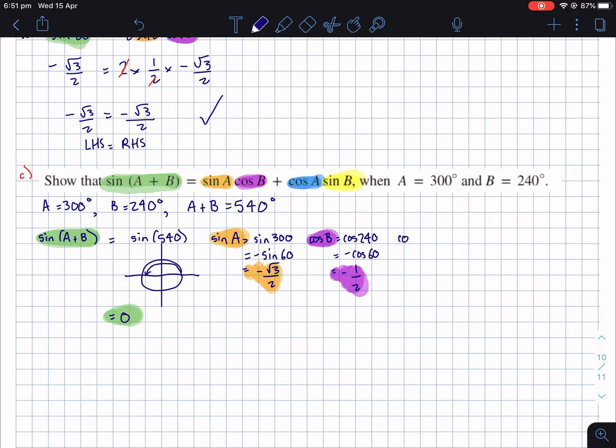Okay, so we've got that one now. We need cos A, which is cos 300, which is positive cos 60, which is positive a half.